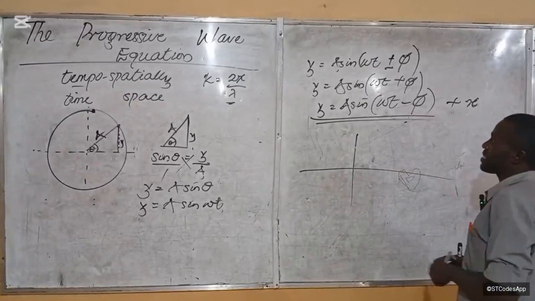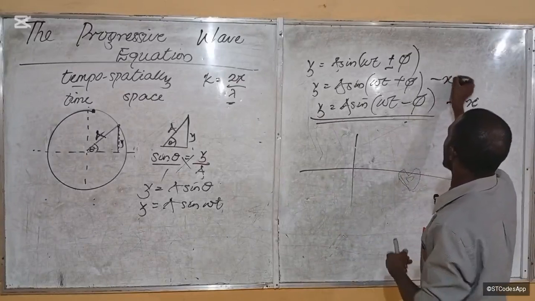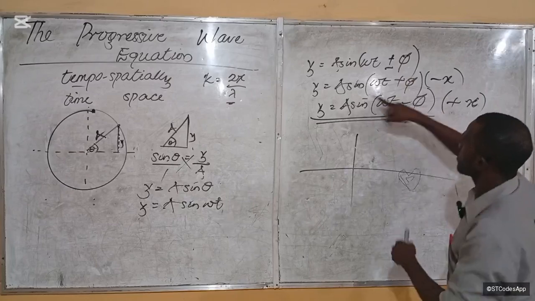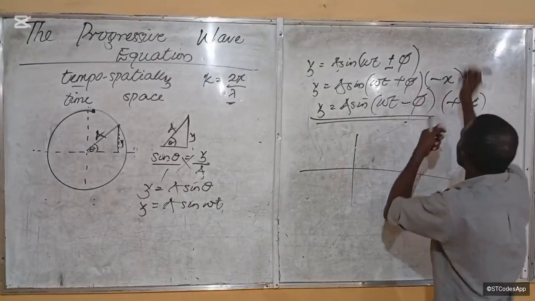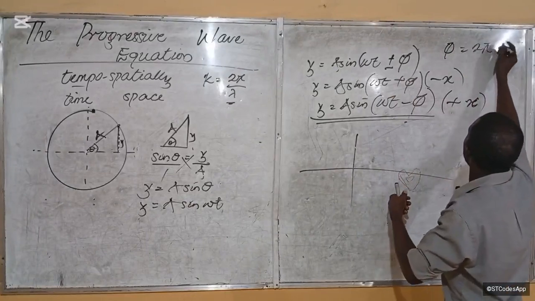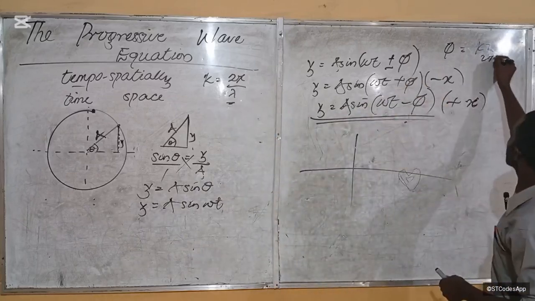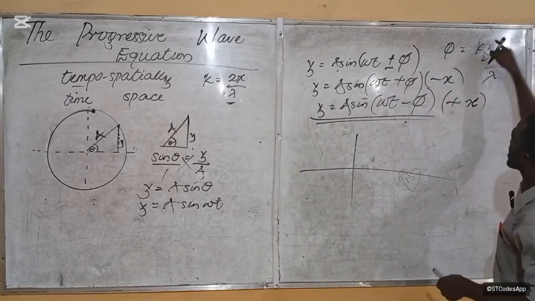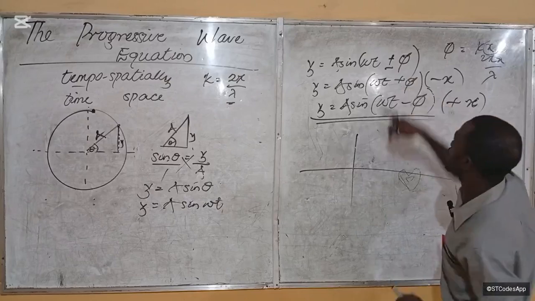And a wave that is in the negative x-axis is going to be defined like this. Why? Because in that case, remember that 2 pi is equal to kx, and k is what? 2 pi over lambda. So it becomes 2 pi x over lambda. But remember that x is now negative here. So it becomes negative. Negative times negative becomes what? Positive.